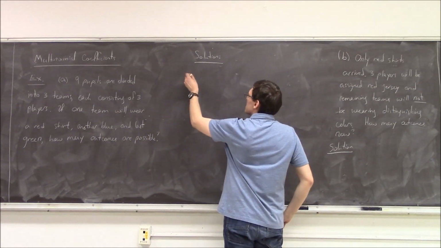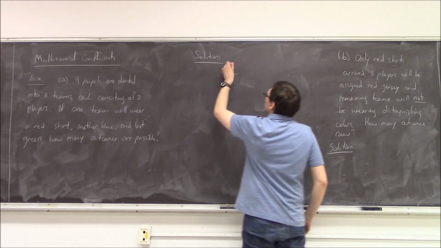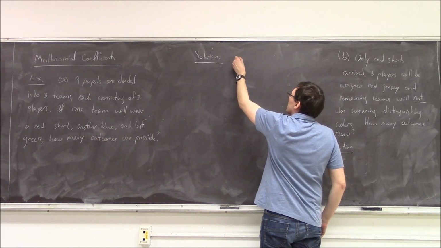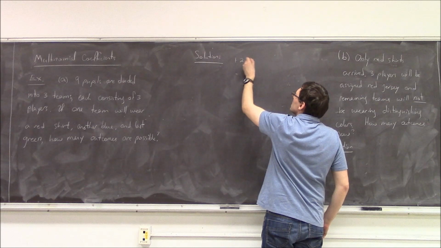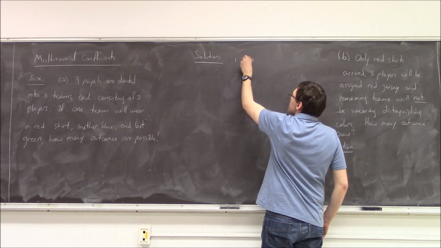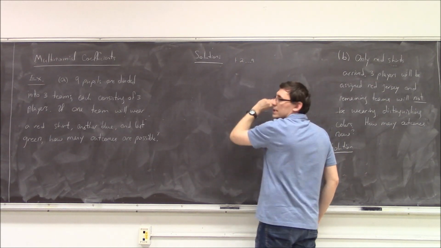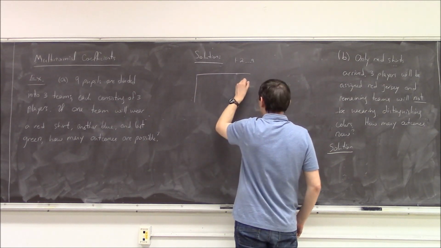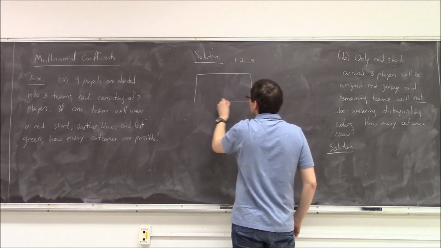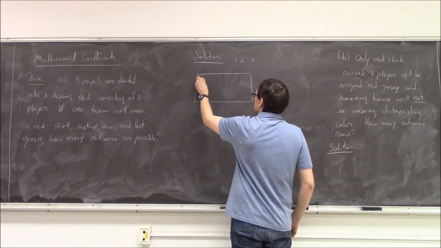So what we have is, we can label the pupils as pupil 1, pupil 2, all the way to pupil 9. And then we are going to construct a document that will represent jersey assignments, right?